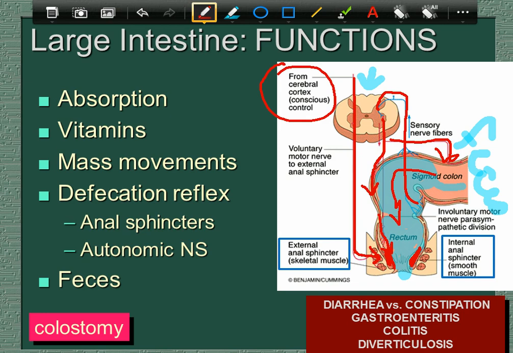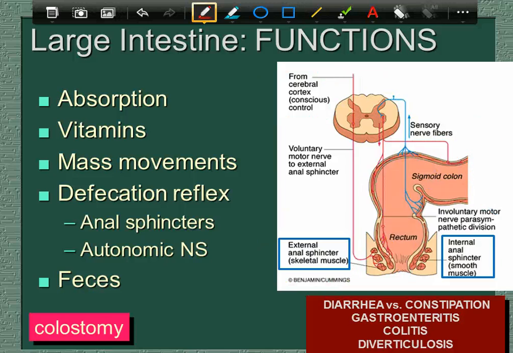And remember, this is skeletal muscle voluntarily controlled. But of course, at some point in time, the messages going via this reflex to the smooth muscle and to the internal sphincter are going to become more intense, and you're going to lose control of your voluntary skeletal muscle.